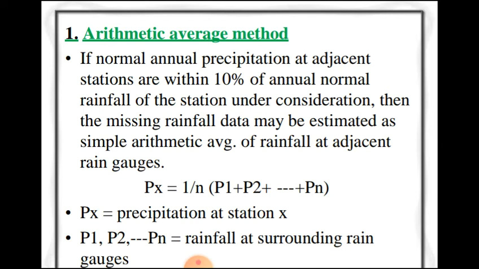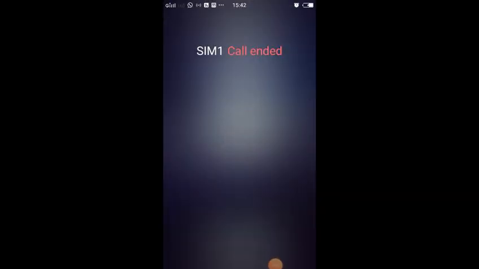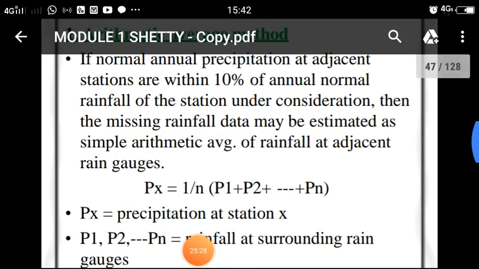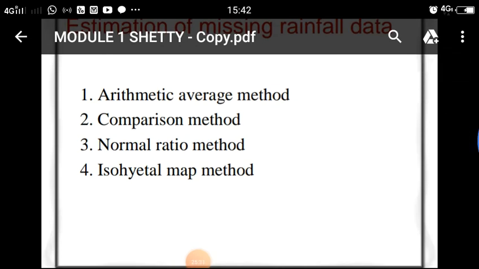So a modification was actually proposed by Thiessen. This is known as the Thiessen polygon method, in which the relative position of the various gauges is also considered.